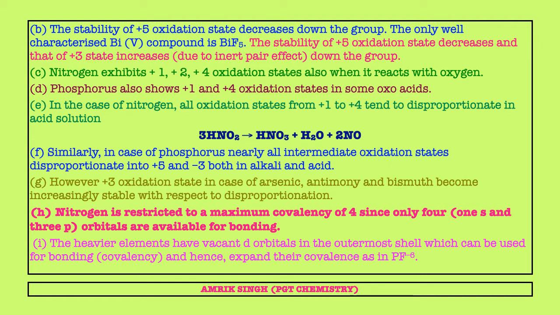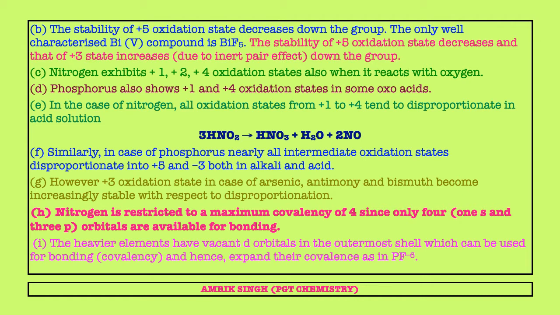Similarly, in case of phosphorus, nearly all intermediate oxidation states disproportionate into +5 and -3 both in alkali and acid. However, +3 oxidation state in case of arsenic, antimony and bismuth become increasingly stable with respect to disproportionation.